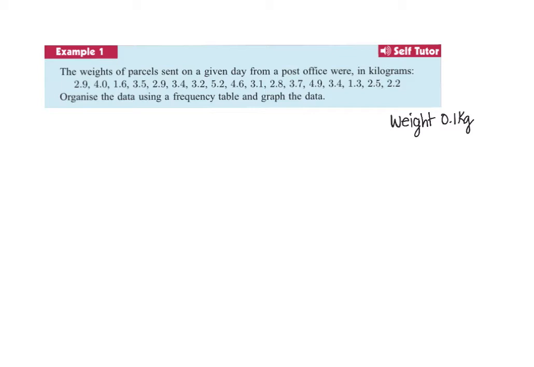And our highest value, if we scroll through, seems to be 5.2. So we could say up to 6 kilograms, because that would be the highest rounded up after our 5.2.